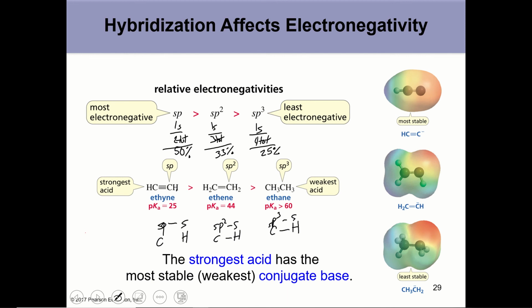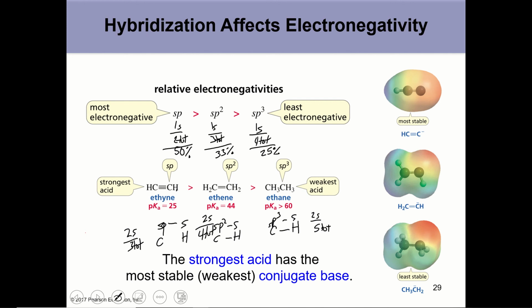So we have 1s out of 2 total orbitals for the triple bond, 1s out of 3 total for the double bond, and 1s out of 4 total for the single bond.